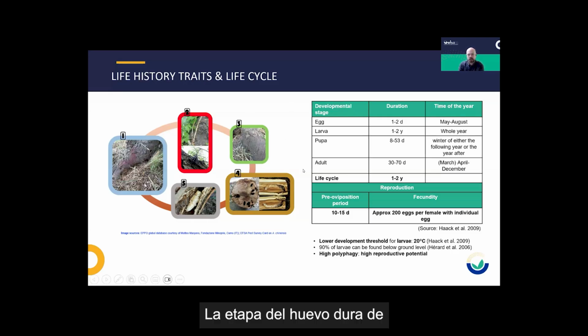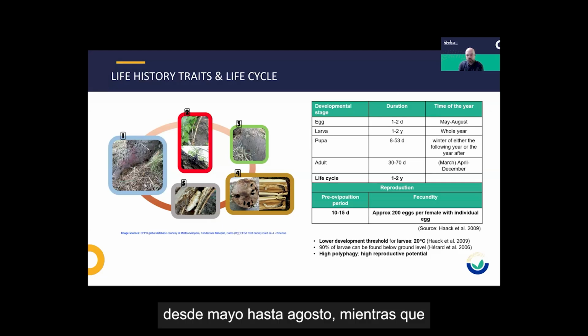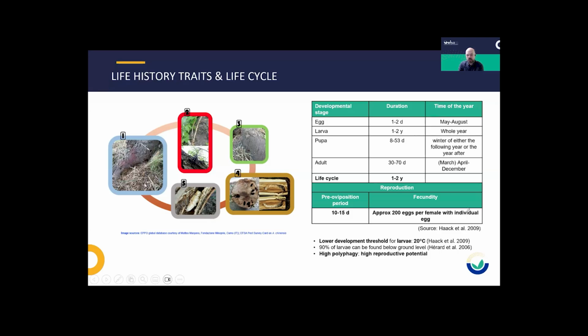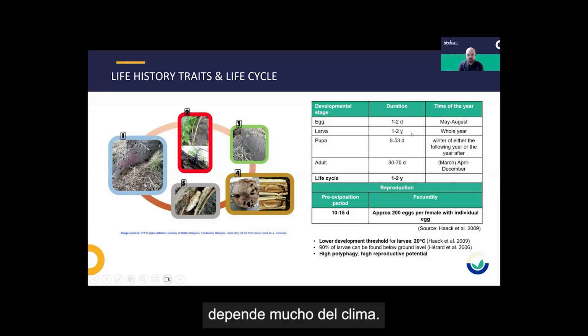The duration of the eggs is 1 to 2 days, and you can mainly find them from May to August, while the larval development is 1 to 2 years. This variability depends really on the climate.